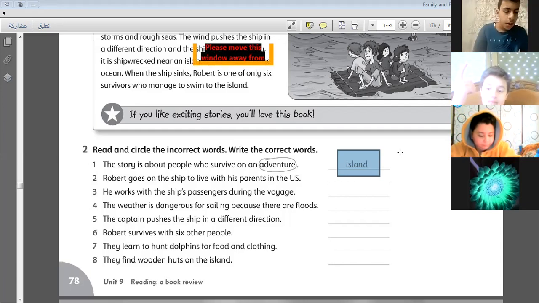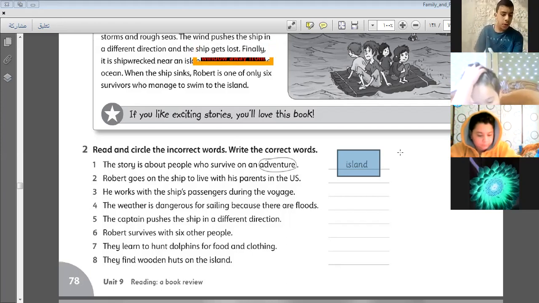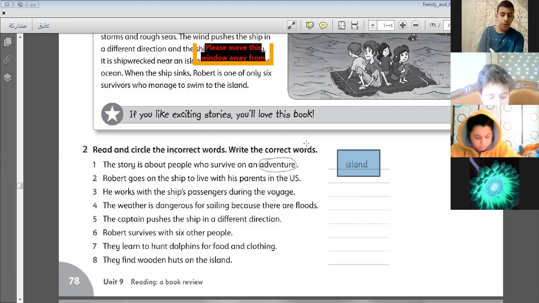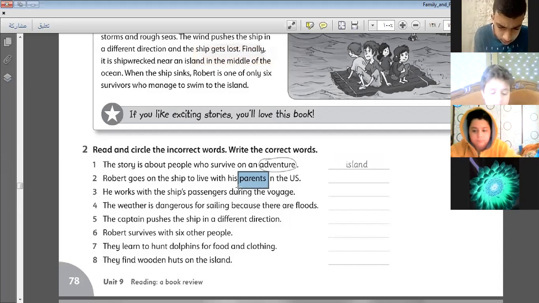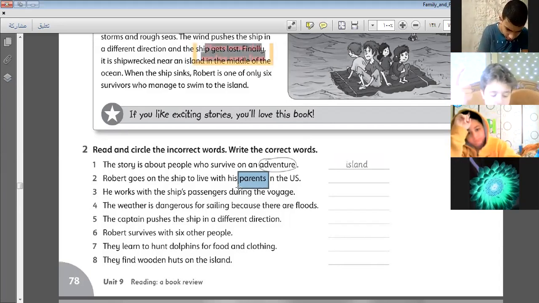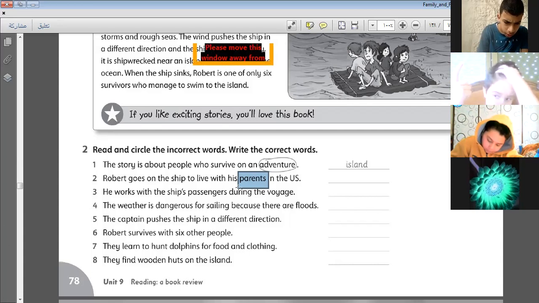Just a little bit. I finished writing. Okay. Robert goes on the ship to live with his parents in the US. The mistake is the word parents. Replace it with aunt. The main goal of traveling to America was to live with his aunt. Aunt.